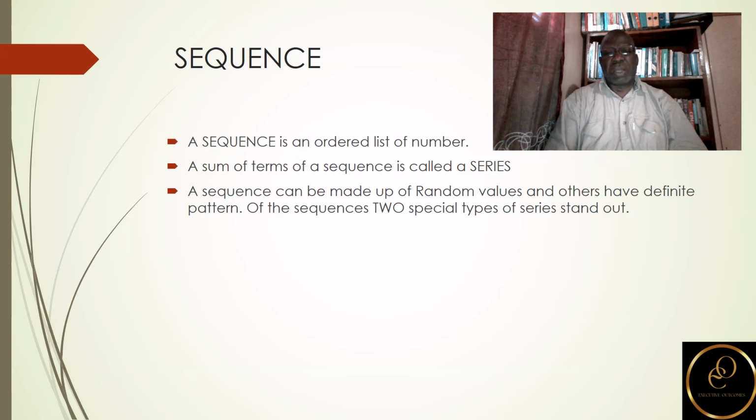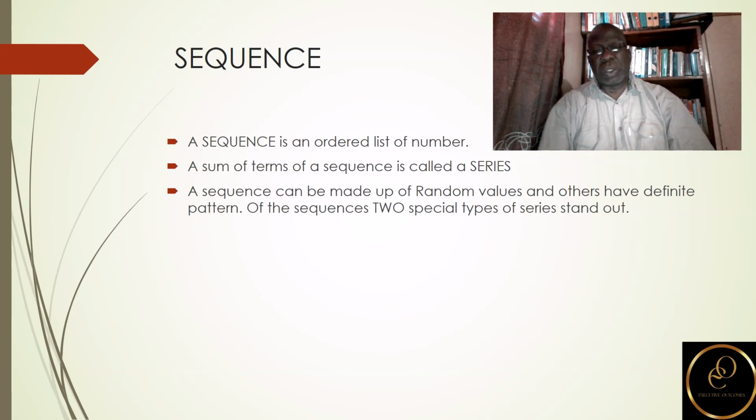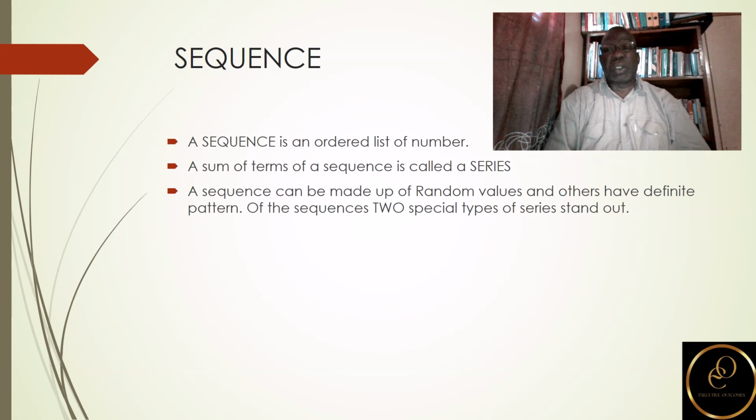And you notice that when you are looking at this distribution of numbers, there are two special or typical series that stand out. These are the ones which we are referring to as arithmetic series or geometric series. So let's start looking at each one by one.